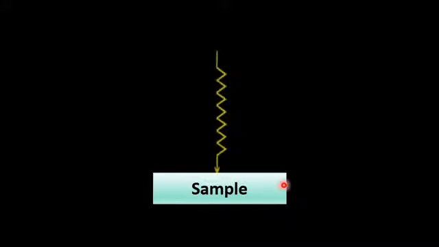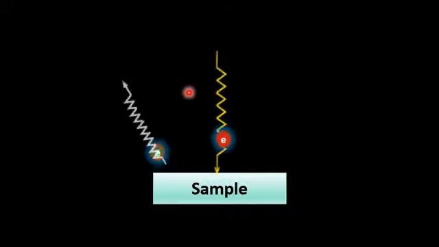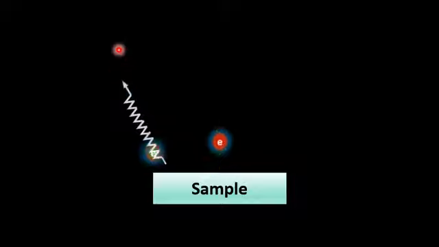When a beam of electrons like this is incident on a sample surface, if the energy of the beam of electrons is too high, then this beam will cause an emission, either the emission of an electron or emission of electromagnetic spectrums like X-rays, etc.